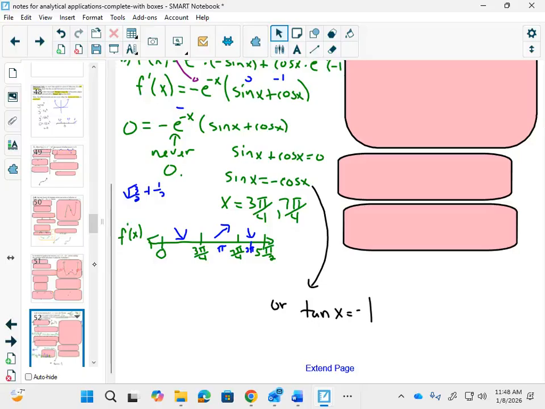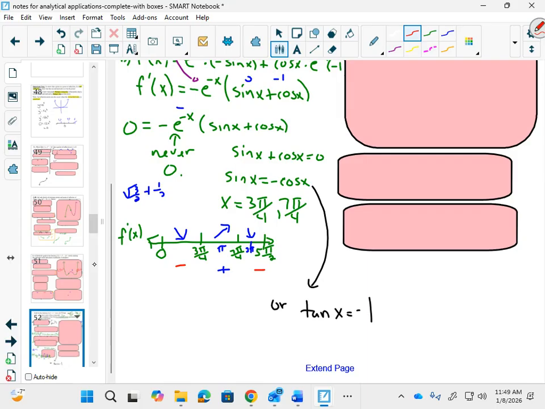And then we could do our sign diagram. Our sign diagram says that it's positive here, negative here, negative there. You'd have to plug in values into your equation to check that. Try to use values from your unit circle that you know. So I would probably choose in between 0 and 3 pi over 4, I would pick pi over 2.